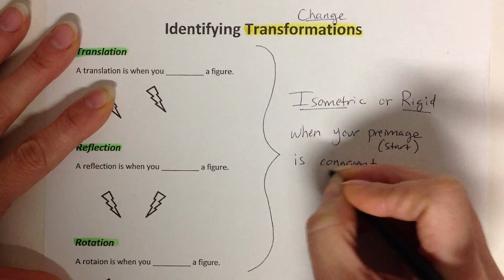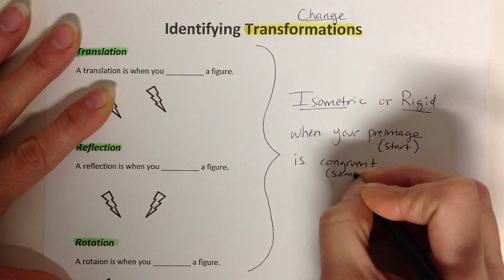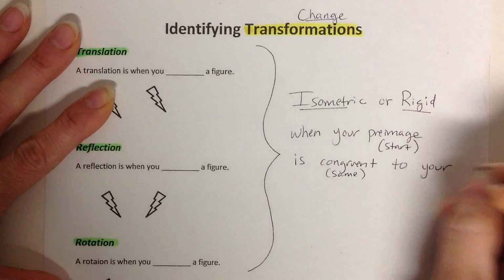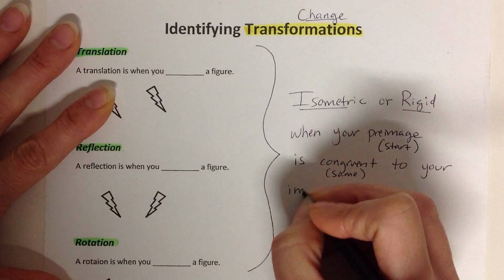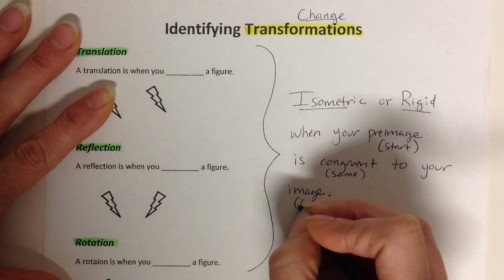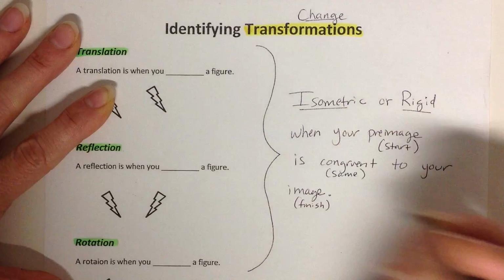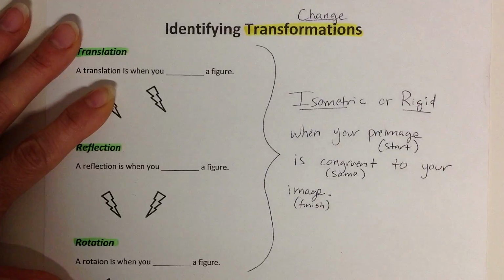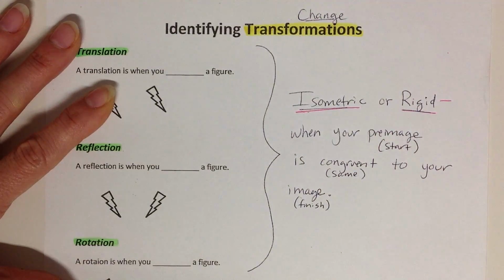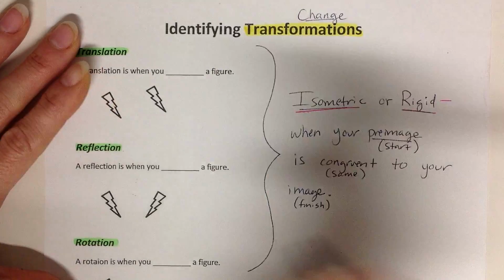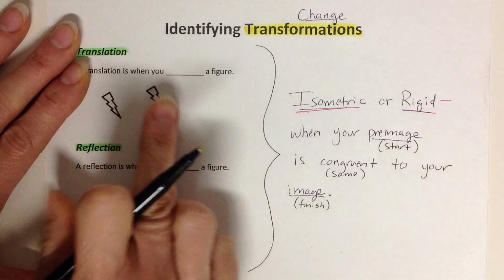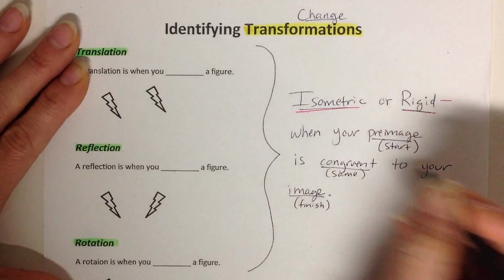Congruent means the same to your image. And an image is where you finish after your transformation. So an isometric or rigid transformation can be defined as when your pre-image, okay, let's say this is the pre-image, and your image, let's say this is the image, are congruent.